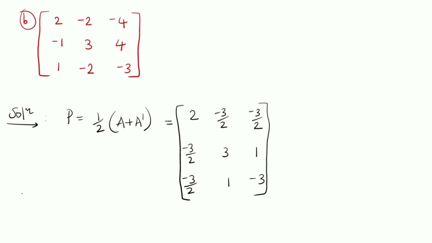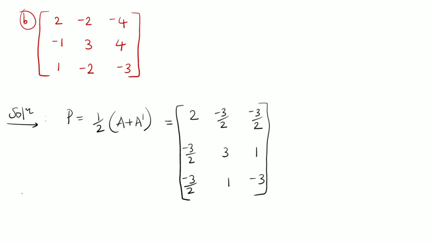And the second question, this is a 3 by 3 matrix, 3 rows and 3 columns. So here I have not written all the steps. You have to refer to the previous problem and write the steps accordingly. I have written only the answer for P, Q and the formula of that. So P is half of A plus A dash. So here is the answer. You can see on the screen.